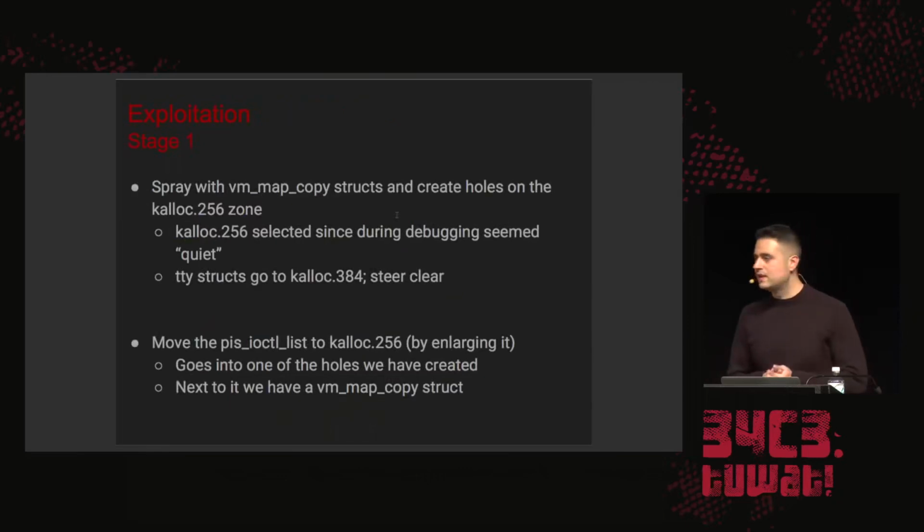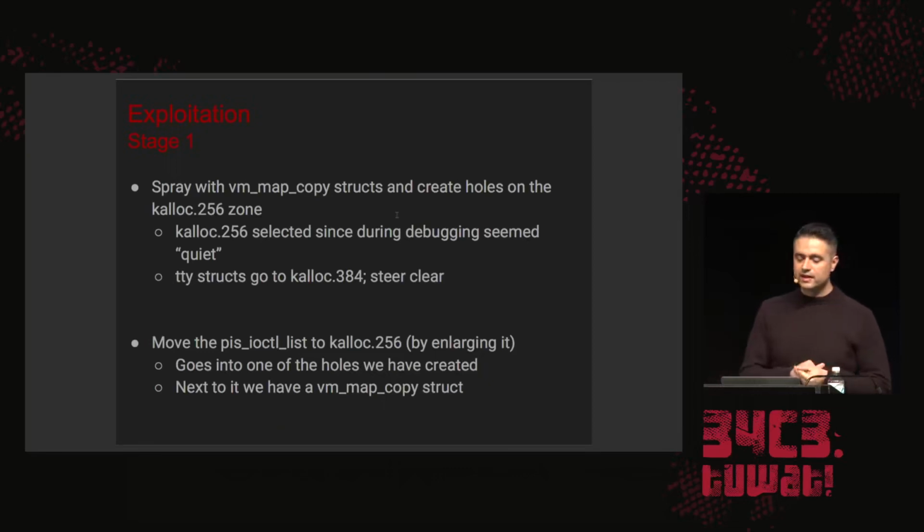Okay, so let's talk about the exploitation stages now. At stage 1, I sprayed the kernel heap with VMAP copy structs, and I decided to work on the calloc 256 zone. The reason for that was completely arbitrary: from all the kernel debugging I have done up to this point of this untethered binary, I saw that this calloc zone was not really used that much, either by the kernel or by whatever the exploit was doing.